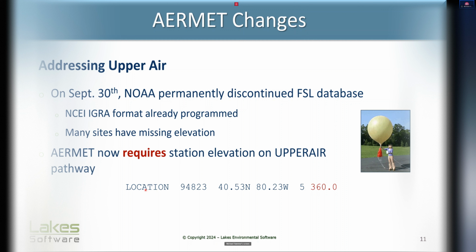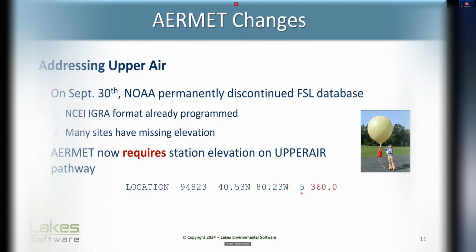This is the location card taken from a sample AERMET input file. We have a station ID number. We have latitude and longitude. We have a time zone adjustment because the upper air data file formats being read by AERMET are all logged in GMT or UTC time. So we input the conversion to local time.